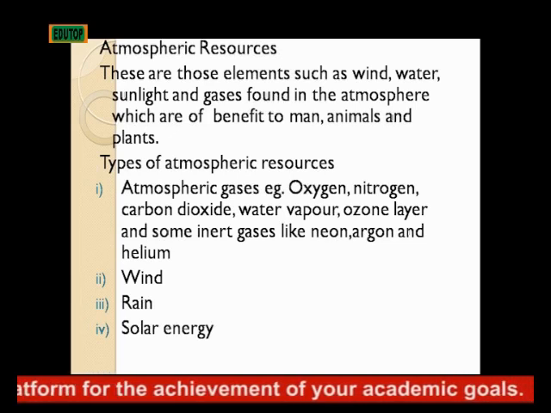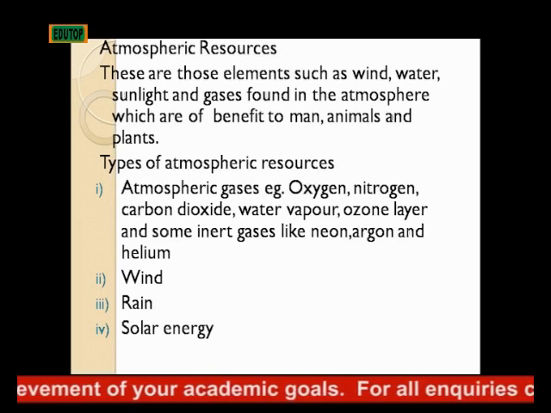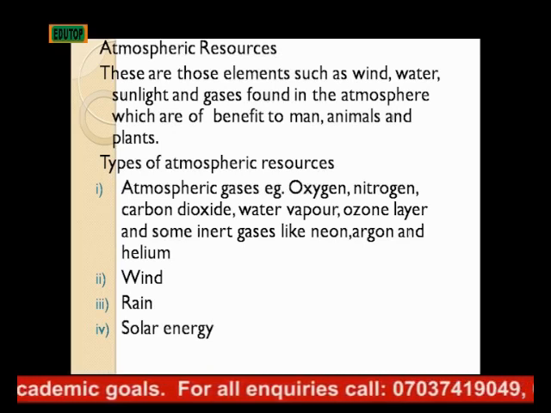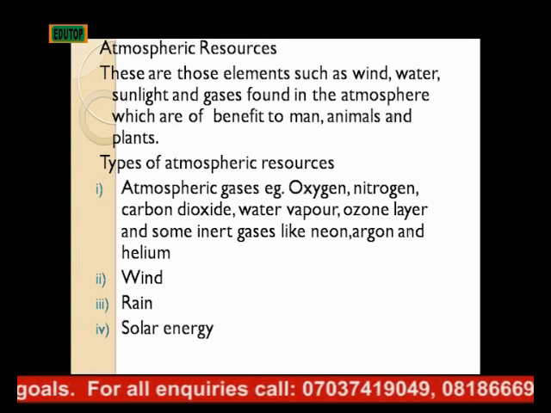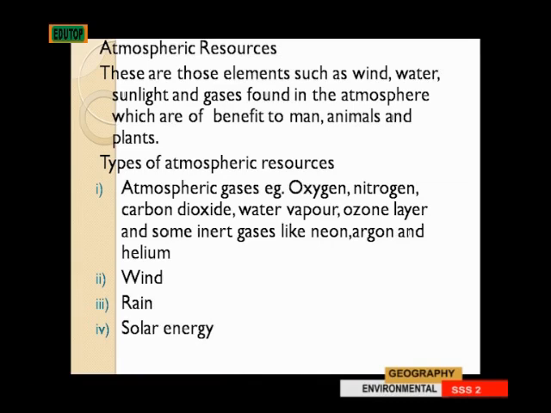And of course, there are various types of atmospheric resources. One, we have the atmospheric gases. Atmospheric gases like oxygen, nitrogen, carbon dioxide, water vapor, ozone layer, and some inert gases like neon, argon, and helium make up what we call the atmospheric resources.